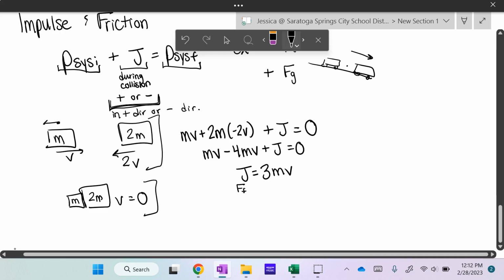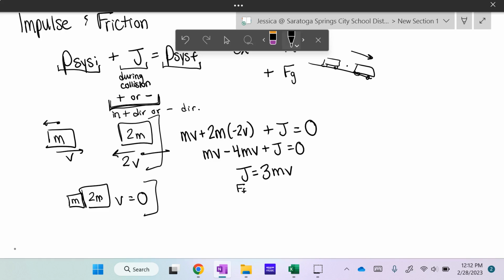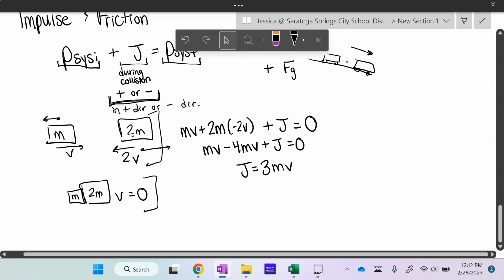This block has a force of friction to the left. This block has a force of friction to the right. But since this block has more mass, it has more friction, so the overall net force on the system is to the right, so the overall impulse is to the right. So friction can have a positive impulse if our net system momentum is 0.